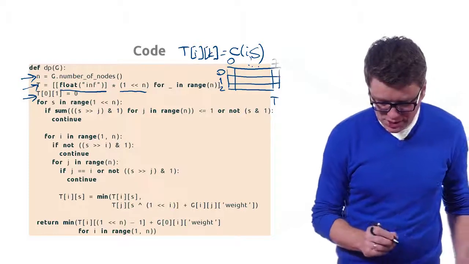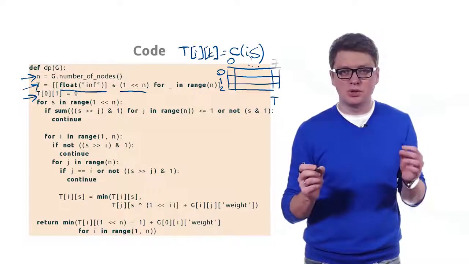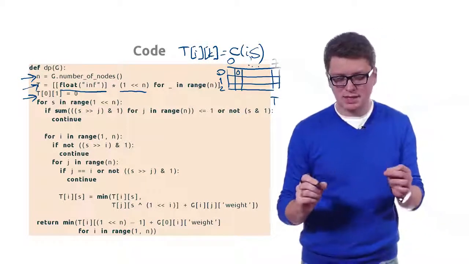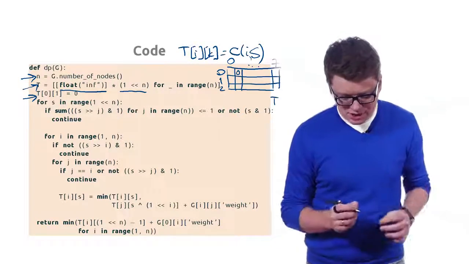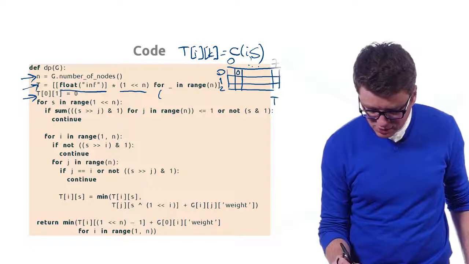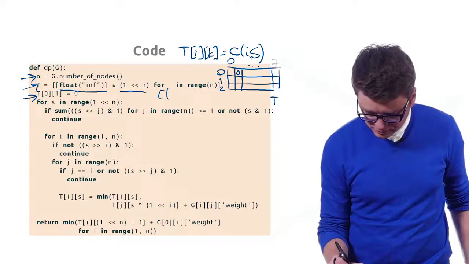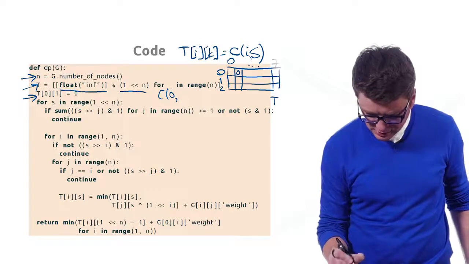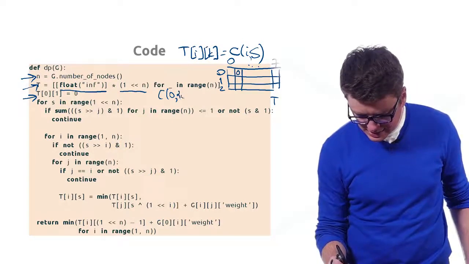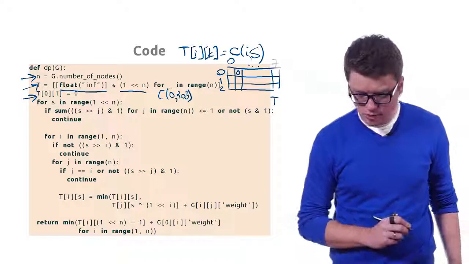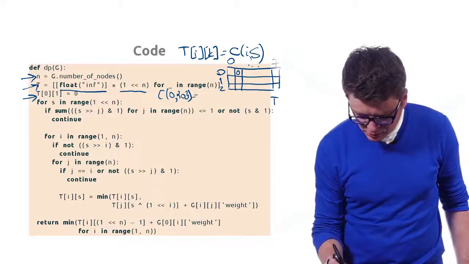In the next line, we assign the value 0 to the cell T of 0, 1, namely to this particular cell. So we put 0 in this cell. What does it mean? This just reflects the fact that C of 0 and the set consisting of just the element 0 is equal to 0.